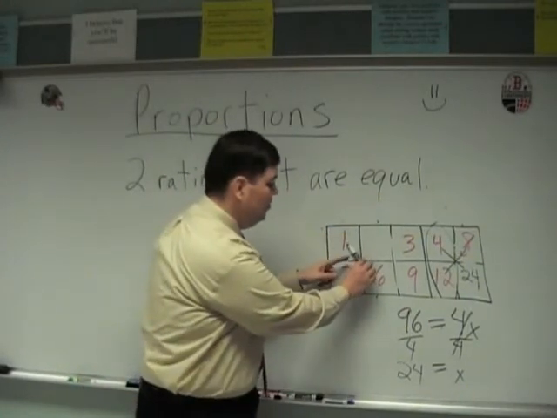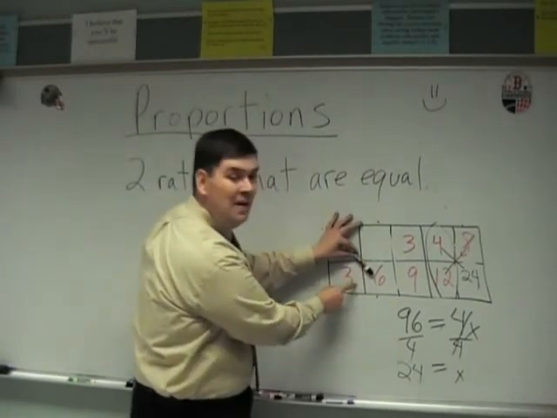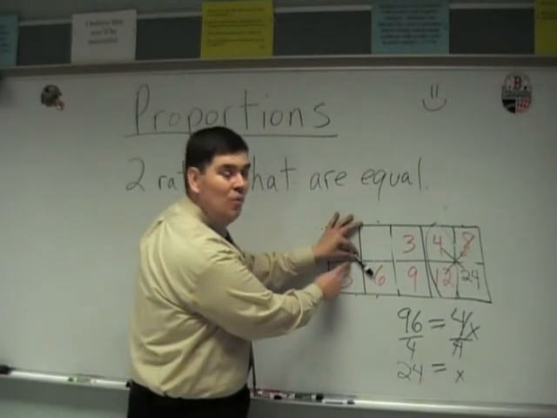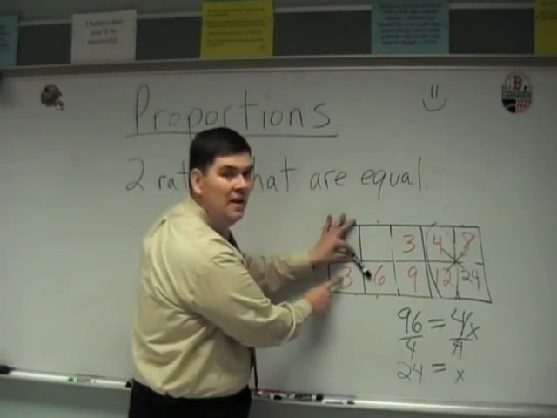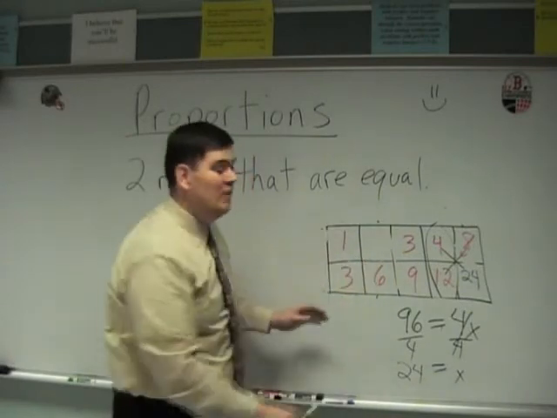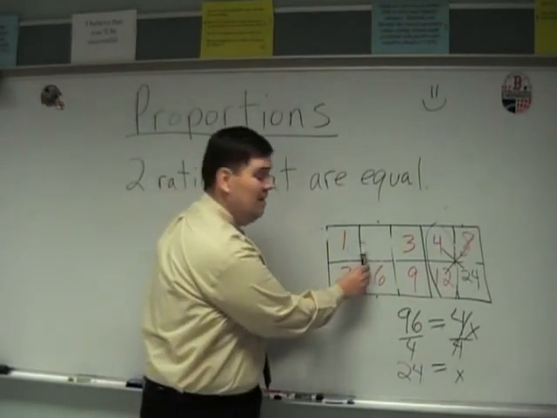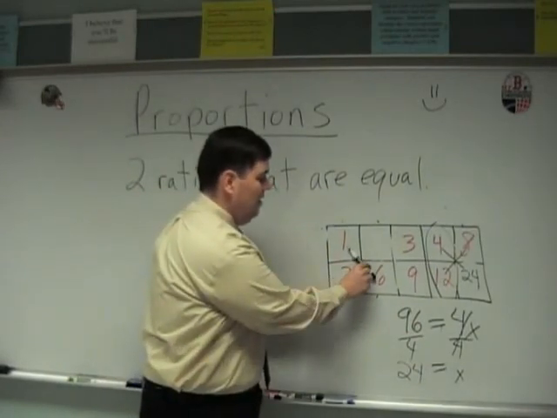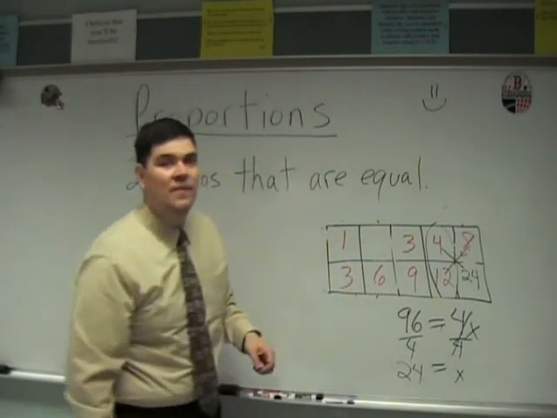I'm going to multiply those two together, 1 and 6, and then I'm going to divide by that third number. So 1 times 6 is 6, divided by 3 is 2, and that 2 is my answer to put in here. When we cross, multiply, and divide, that's basically what we're doing. We're finding the two that line up this way, and here it's this way, and we divide then by that third number, and that gives us the answer. Okay?